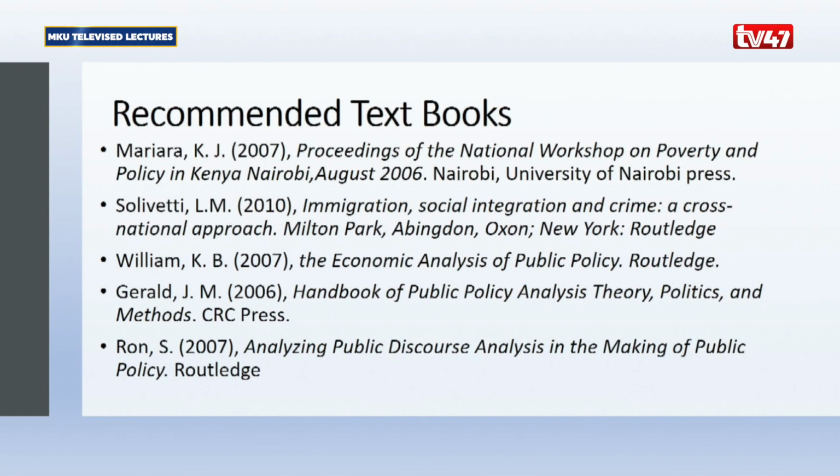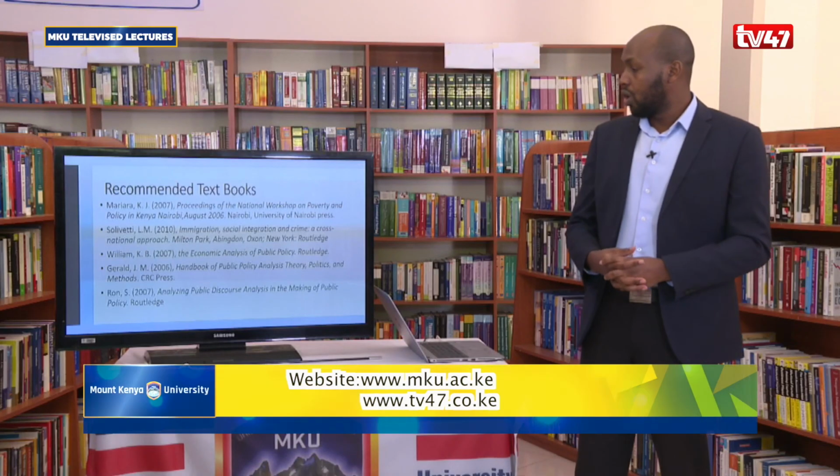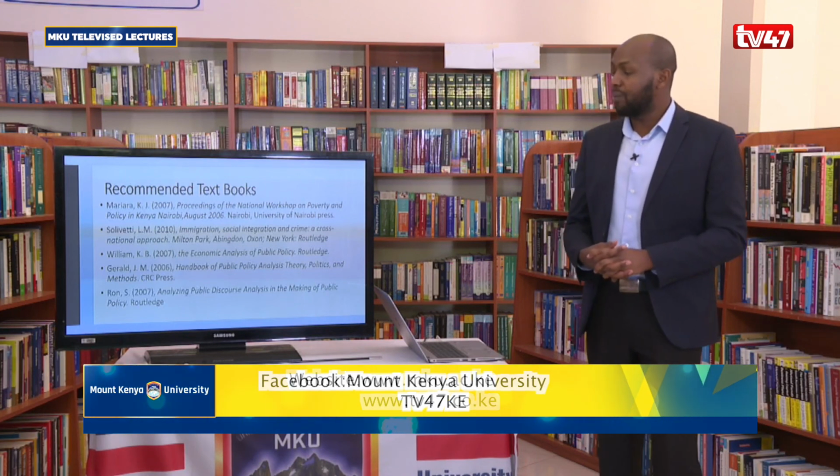Another book by William is on the economic analysis of public policy. You can also look at the book by Jared, the Handbook of Public Policy Analysis: Theory, Politics, and Methods. And lastly, the book by Ron, Analyzing Public Discourse Analysis in the Making of Public Policies.